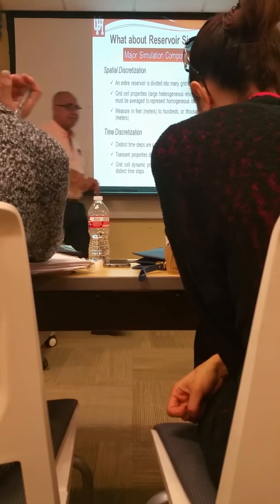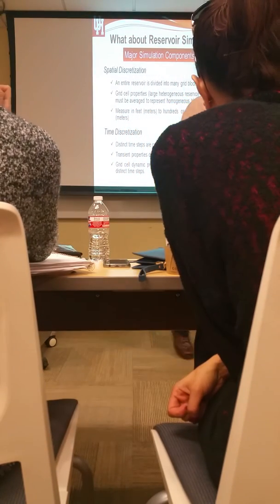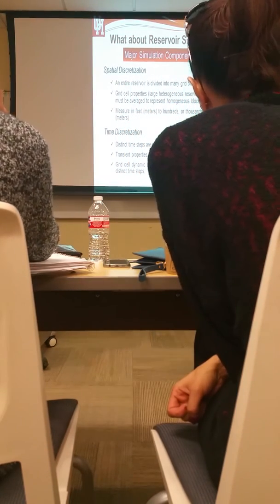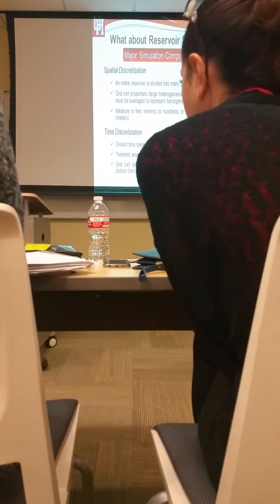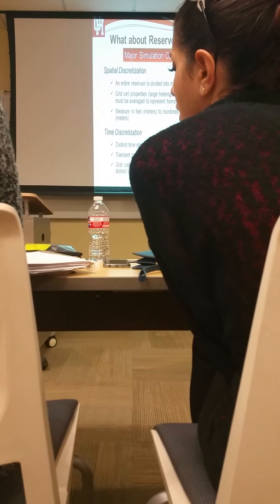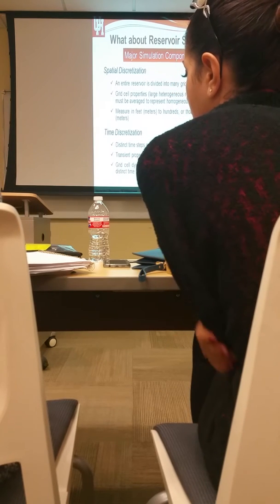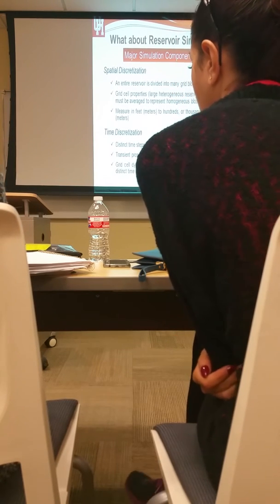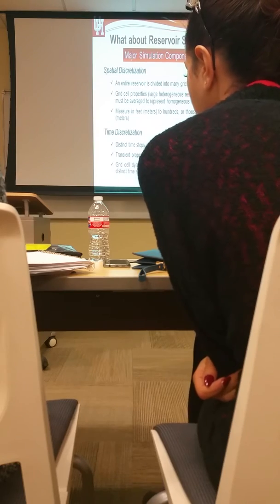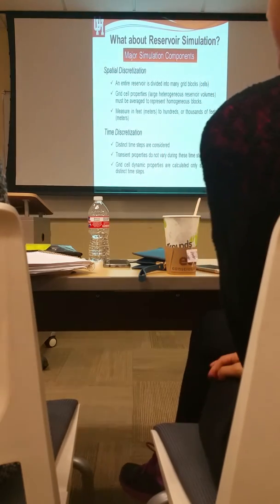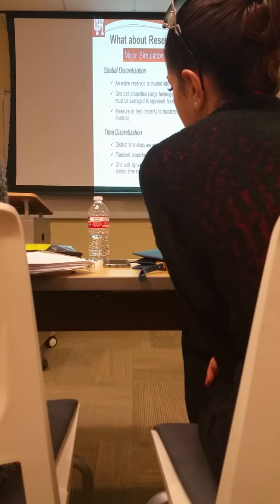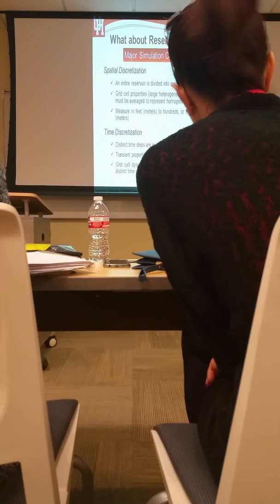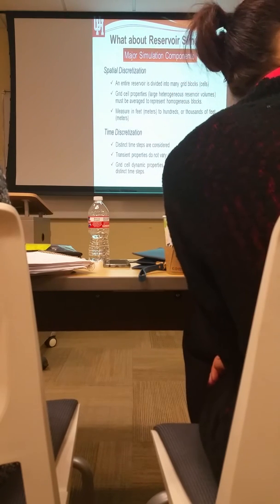After the philosophical dissertation about discretization, let me deal directly with some more realistic terms for you in petroleum engineering. Spatial discretization: an entire reservoir is divided into many grid blocks. Okay? For the grid cell properties, the heterogeneity of the reservoir must be averaged to represent what is happening in these small homogeneous blocks.